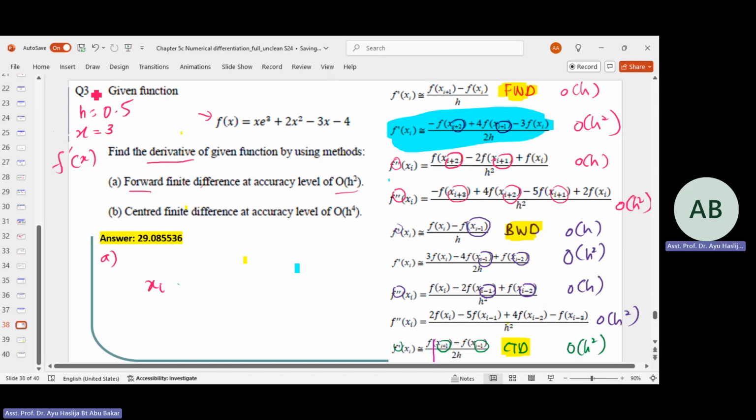For forward level 2, you need xi plus 1 and xi plus 2. Your x just now is 3. What is your x plus 1? 3.5. How do you know it is 3.5? It is a function of the step size. Then 4.